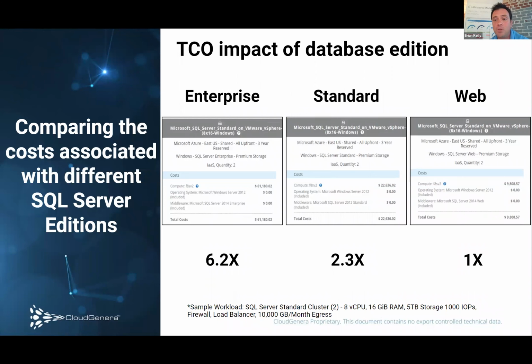It could be the difference between doubling or taking your bill 6 times what it needs to be. And now the cloud has made consumption of tech as simple as drop down and click. It's really important to make sure your organization's educated and knows that this edition could be a big swing in total cost of ownership.